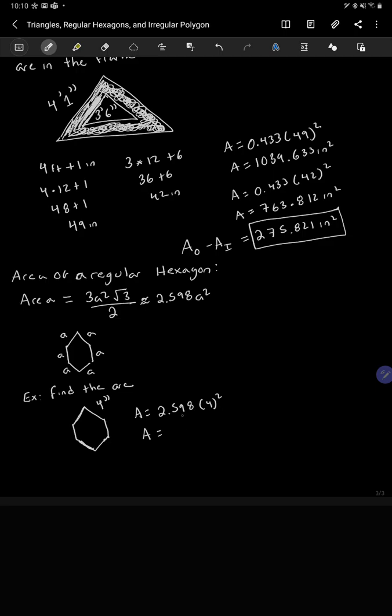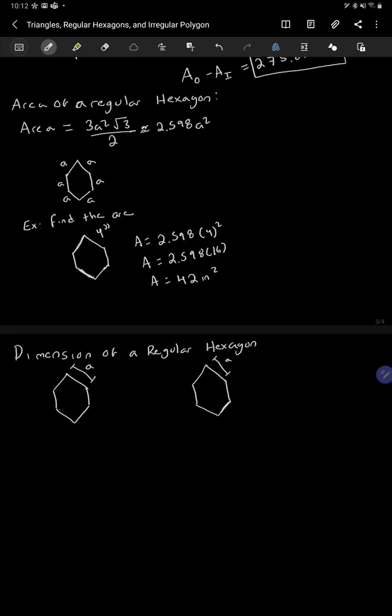So area is equal to 2.598 times 16. So area is equal to around 42 inches squared. Cool. And that is because we rounded it to the nearest whole number.